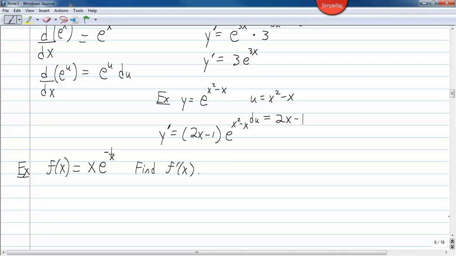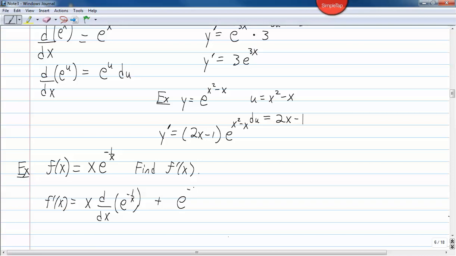When you have two terms like this side by side, what do you have to use? The product rule for derivatives. So that is the first term, x, times the derivative of the second term. I'm just going to write down derivative of the second term, and I'll come back and do that.